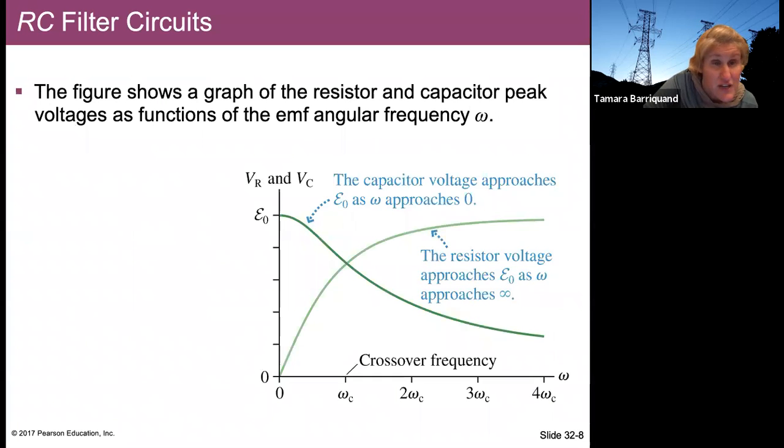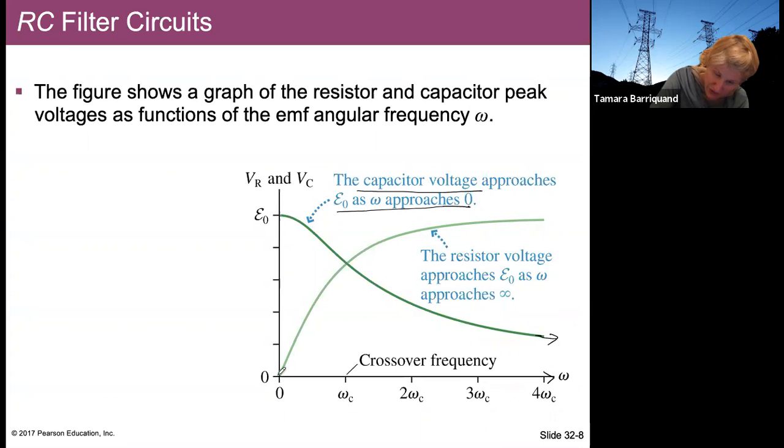So this figure shows a graph of the resistor and capacitor peak voltages, that's the VC and the VR that we were just looking at, as functions of the EMF angular frequency omega. And so what we just saw was that as omega gets a lot bigger, the capacitor voltage right here approaches 0.